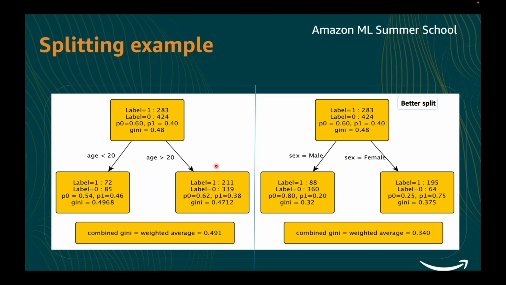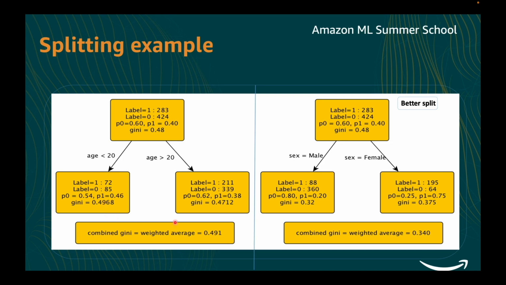Over here we've used the Gini impurity criteria, and we'll explain what Gini impurity is in the next slide. You can see that the Gini impurity of the node where age is less than 20 is 0.49, and of the node where age is greater than 20 is 0.47.